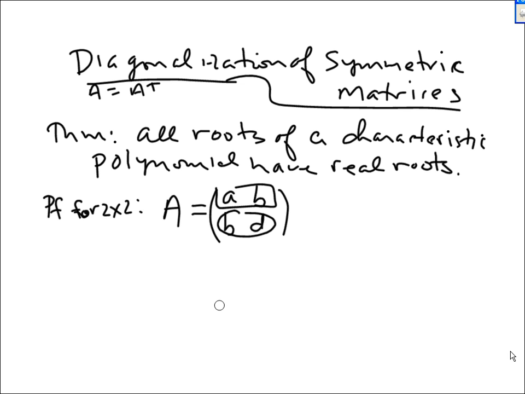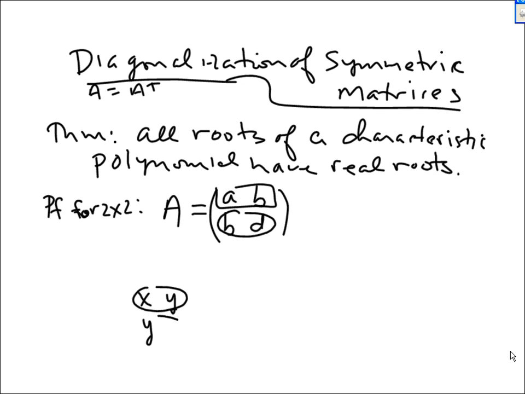I mean, basically, you put down something arbitrary for the first row. Or if you want to start with the second row, you can do that. You put down something arbitrary for the first row, like x, y. And whatever you put for the first row, it has to be the same as the first column.